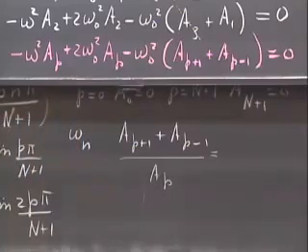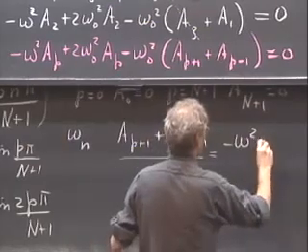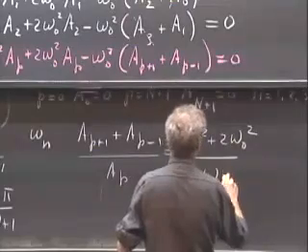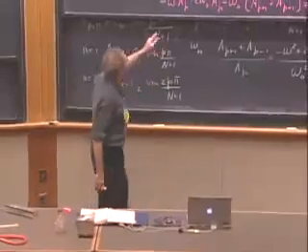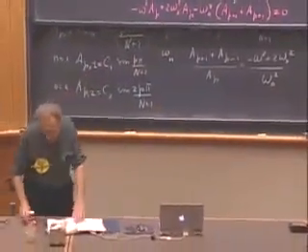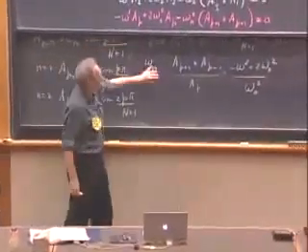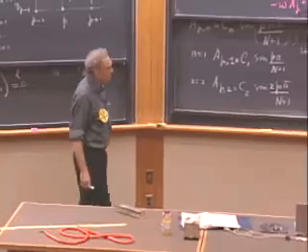just rearranging, and then you will find that it is minus omega squared plus 2 omega 0 squared divided by omega squared. Take a look at this and convince yourself that this equation is identical to this one. If you look in French, French will take you from here one step further, which is pure trigonometry.